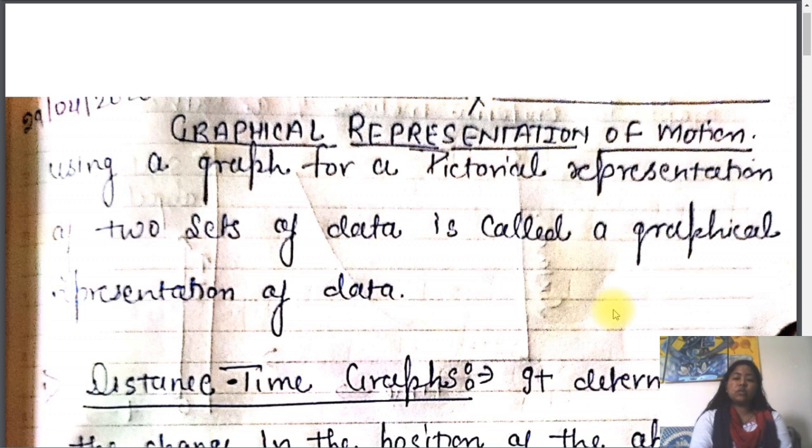In the very first condition, the final velocity is greater than the initial velocity, but in the second condition, the negative acceleration, the initial velocity is greater than the final velocity.